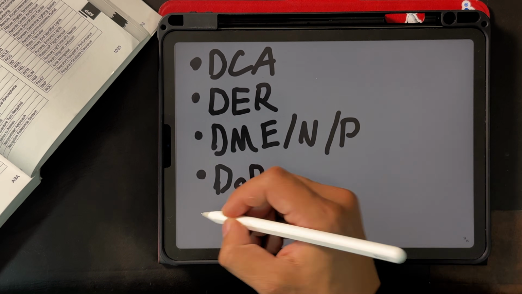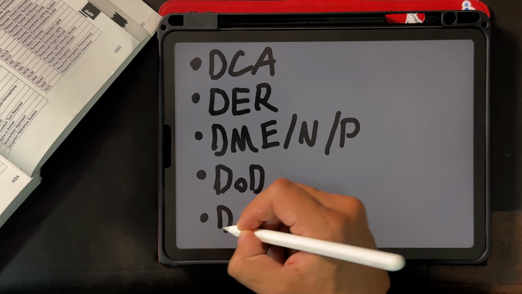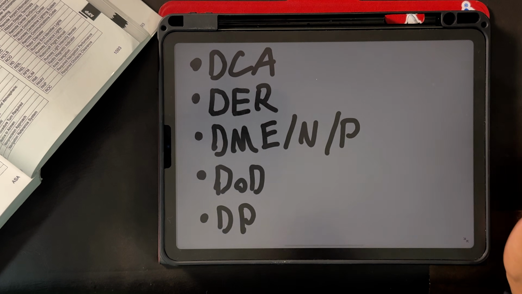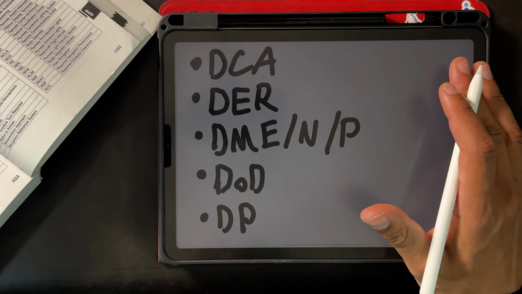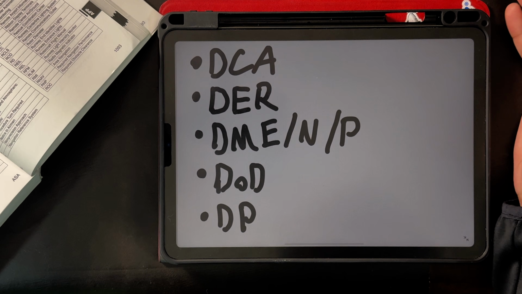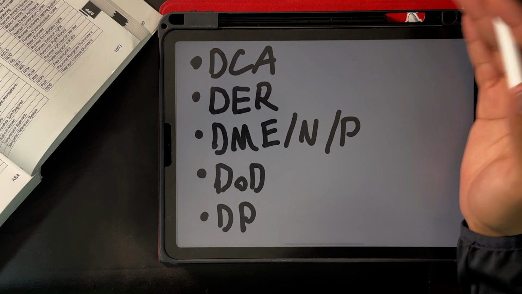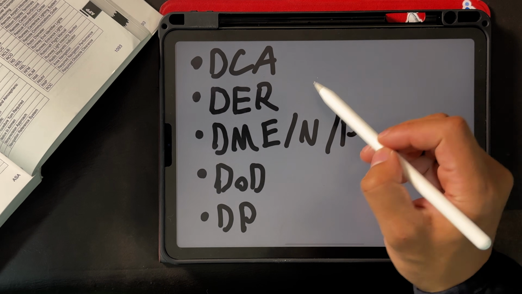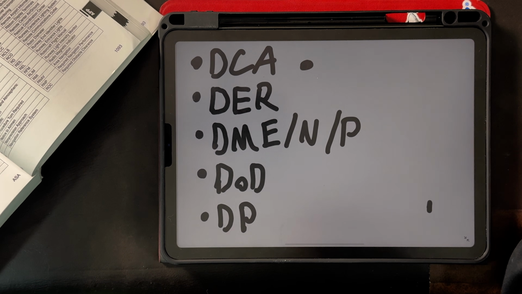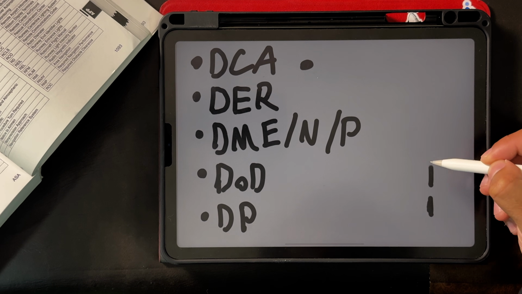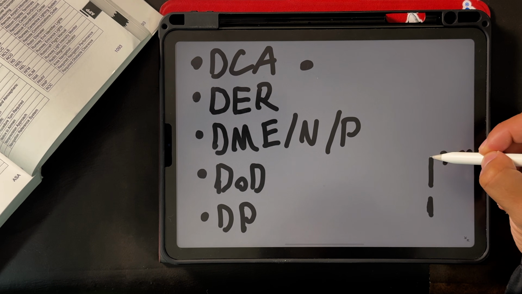Next we have DP, which is departure procedure, or an instrument departure procedure. Basically, it's just a set procedure of climbs and turns and instructions to get you, I don't know, say you need to go here, and here's the runway. The procedure may have you take off and climb to 3,000.